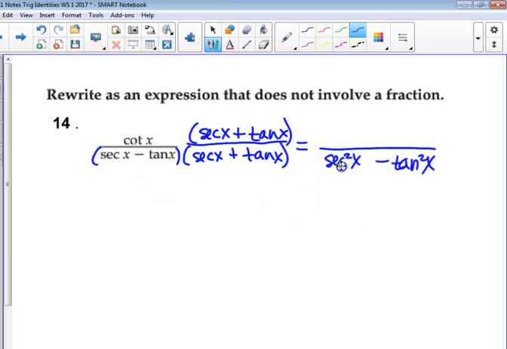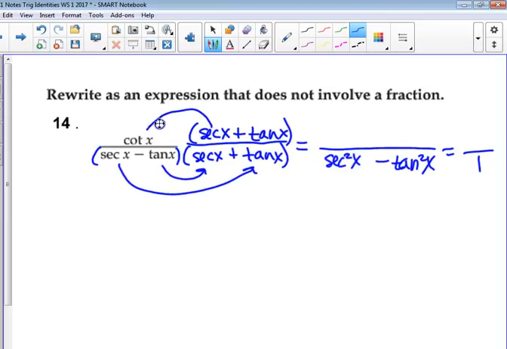Secant times secant is secant squared. Secant times tangent, positive. Secant times tangent, negative. Those would disappear. Yes, secant squared minus tangent squared is 1. So did we get rid of the fraction? Yes, we did.